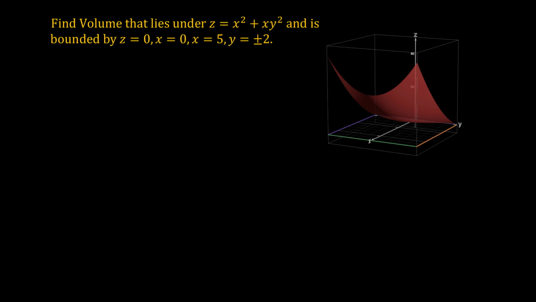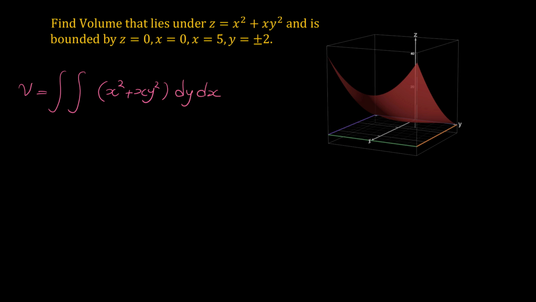But again, it doesn't really matter that you know the graph of this surface. What matters is that you are able to write properly the double integral, and then find the value of the double integral. Here the volume is the double integral of the function x squared plus xy squared dy dx.